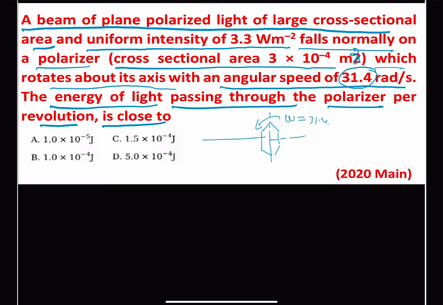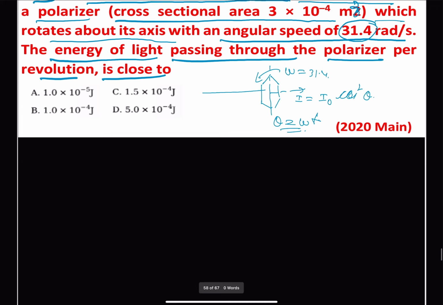But we know that if the polarizer is rotated by an angle of theta, then the intensity is given as I is equal to I naught cos square of theta. This we already know. Here theta will be equal to omega multiplied by the time t. So we are going to use this basic formula.